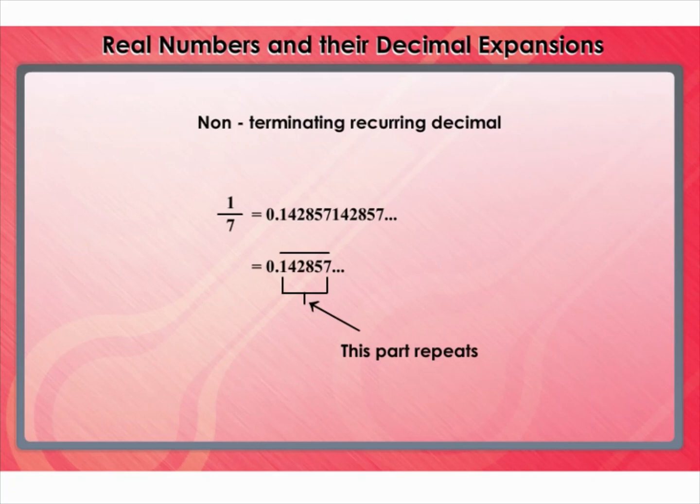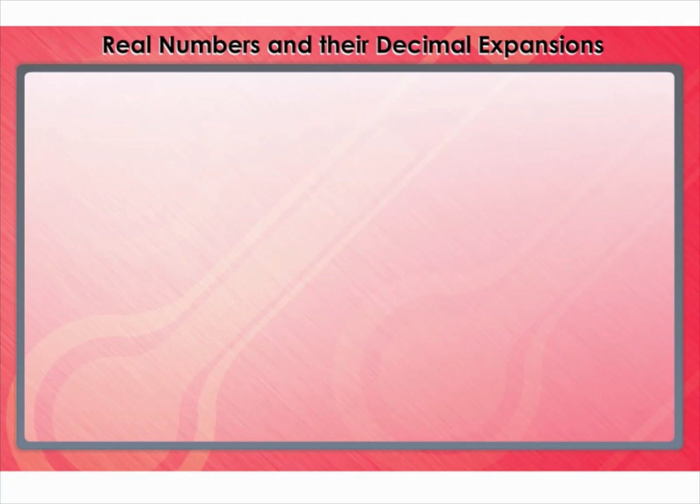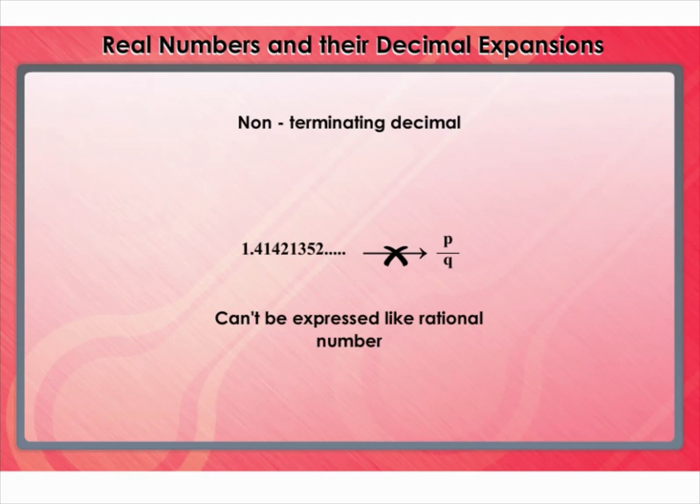Does that mean all the decimals are rational numbers? No. Few non-terminating decimal numbers don't have any repeating part, like 1.41421352 and so on. This non-terminating decimal cannot be represented as a ratio of two integers. That is why we cannot represent it in the form p by q, where p and q are integers.